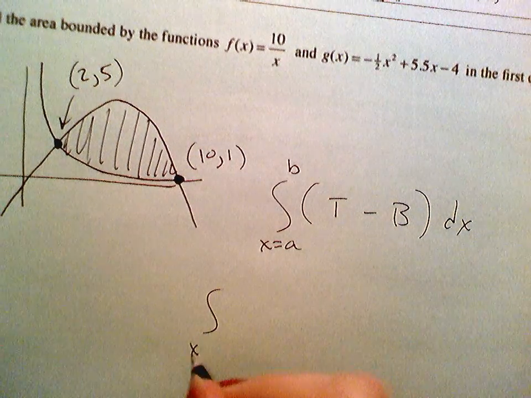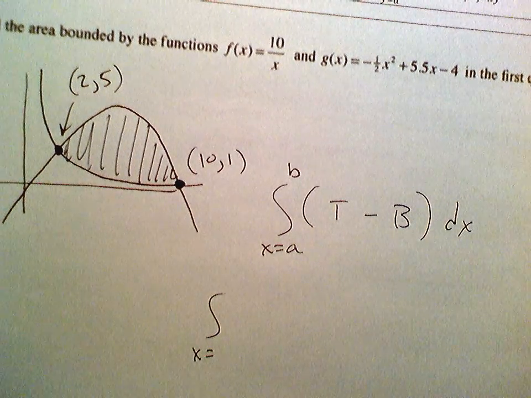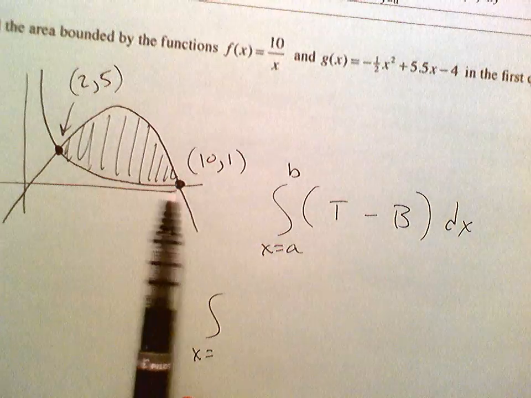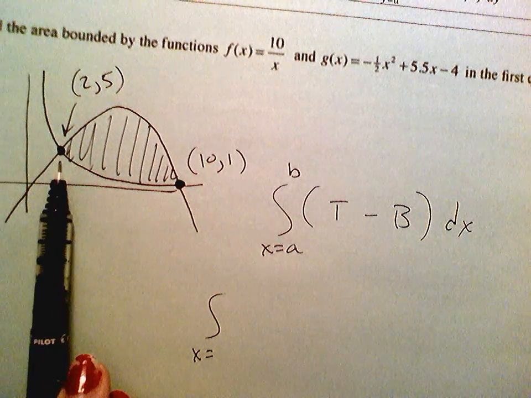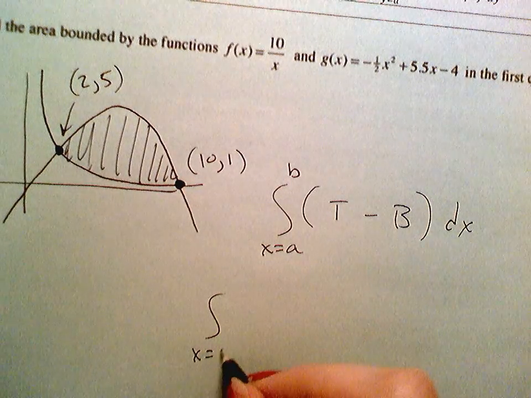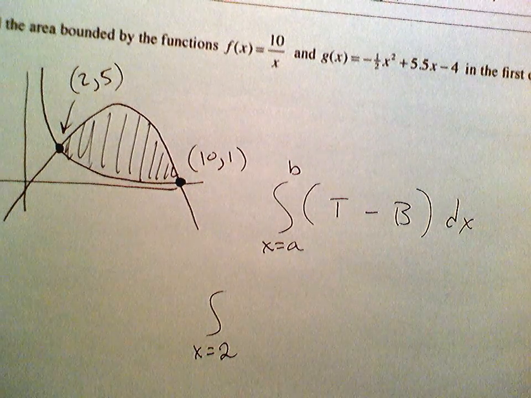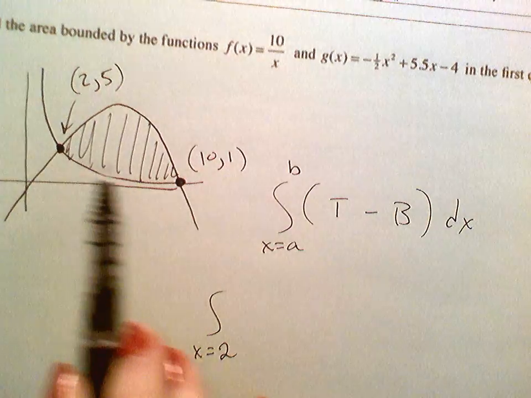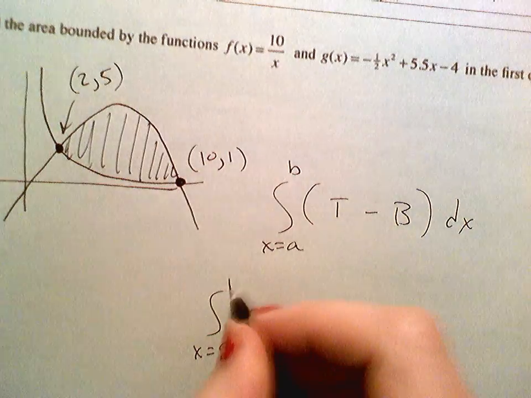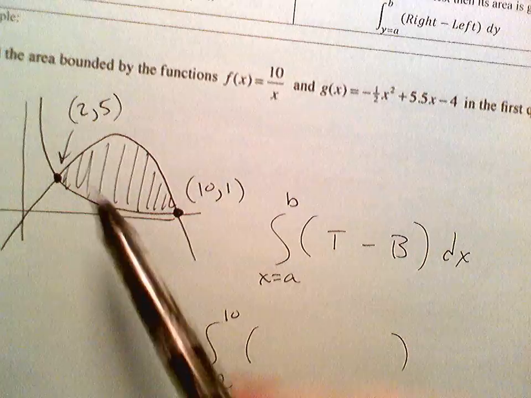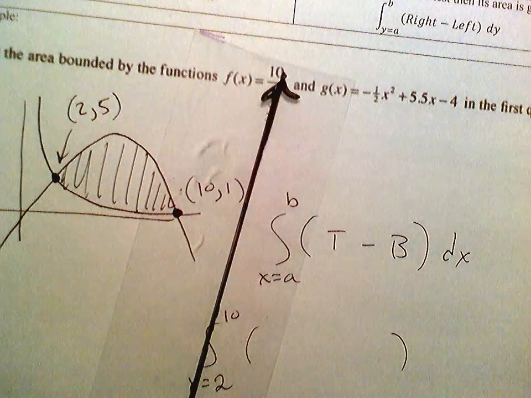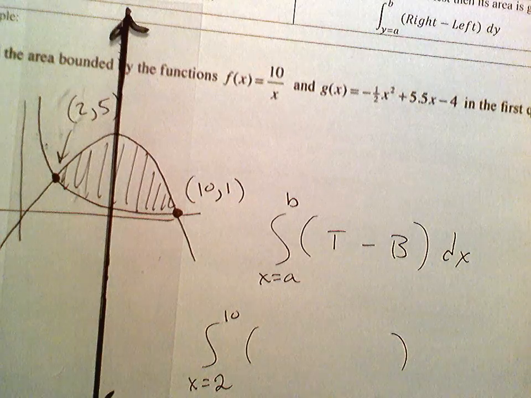So you ask yourself, what is the lowest x value for points in this region? It is 2. This region starts at the x value 2, so my interval will start at 2. It'll end at the x value 10. And then you've got to do the top function minus the bottom function. Sometimes it helps if you draw a vertical line.